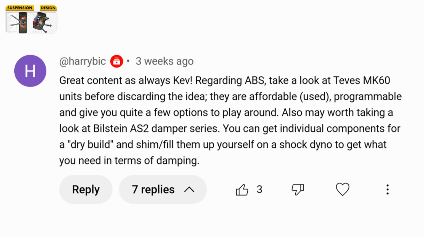And Harry also mentioned that I should have a look at the Bilstein AS2 damper series, saying that you can get individual components for a dry build and shim fill them up yourself on a shock dyno. Really exciting. I do have access to a shock dyno at work, a pretty good one, and have got a fair bit of experience working with dampers before.